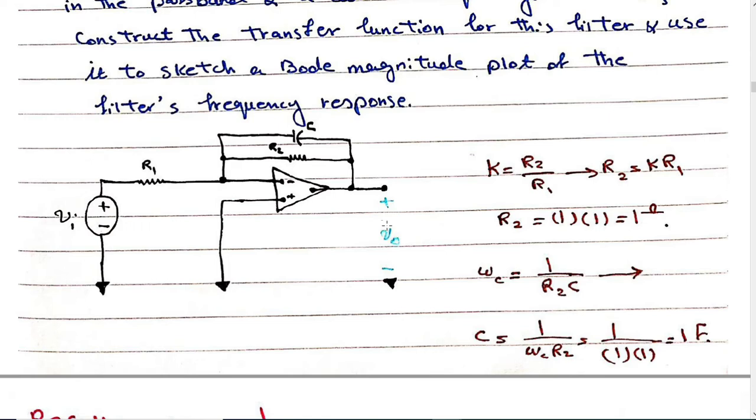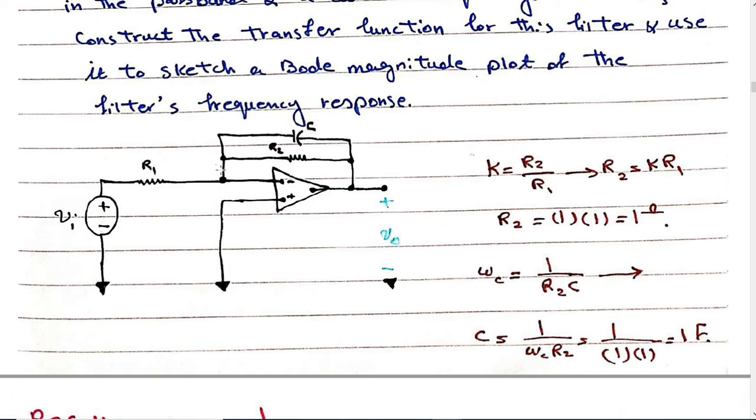Because this is a low pass filter, at high frequencies V out is 0. At low frequencies, the capacitor is an open circuit, so this is like an inverting op amp.